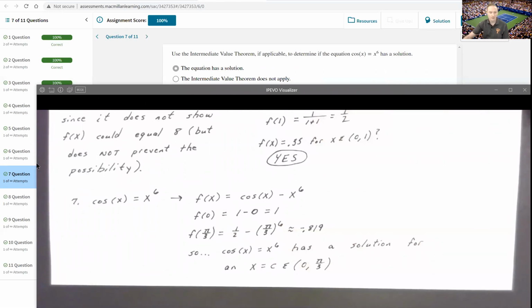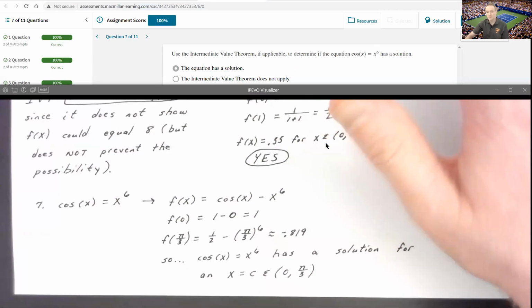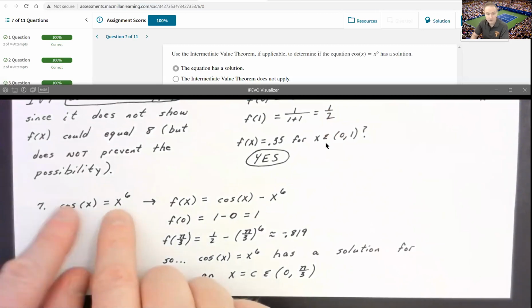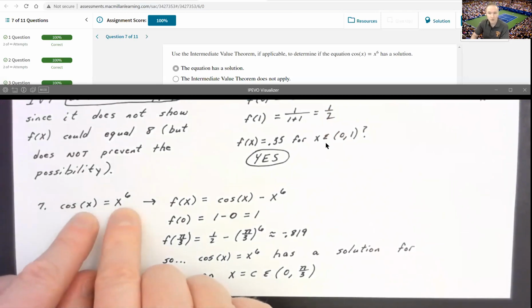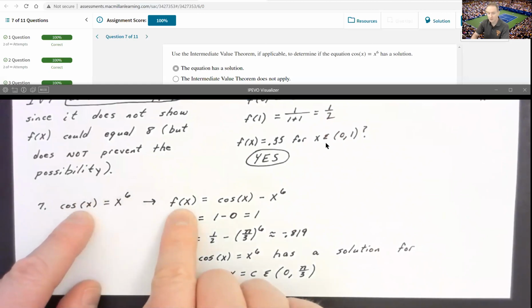We have the cosine of x equal to x to the 6, and we're trying to use the intermediate value theorem to show that this has a solution. What I always prefer to do is subtract the right side from the left and show that f of x must equal 0.